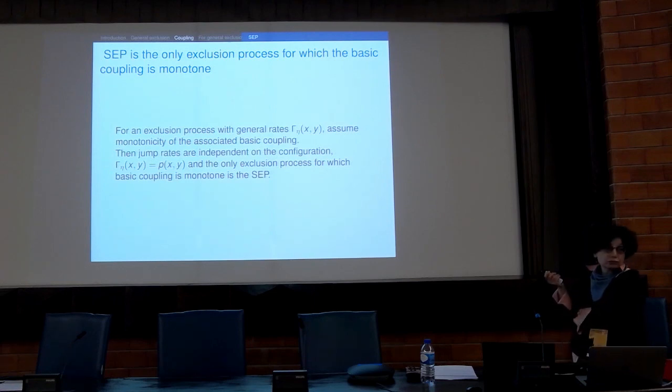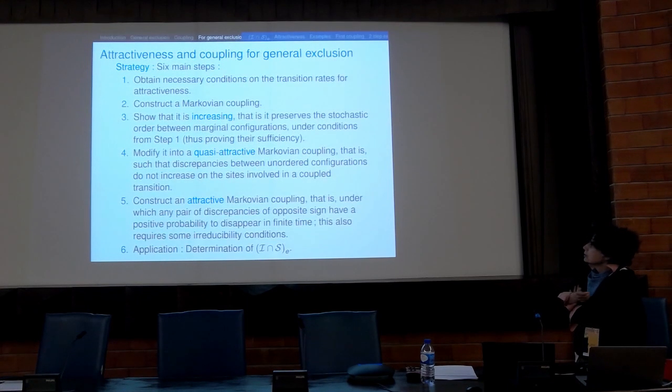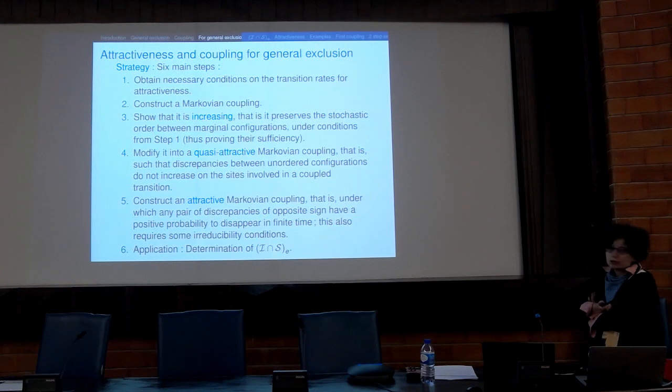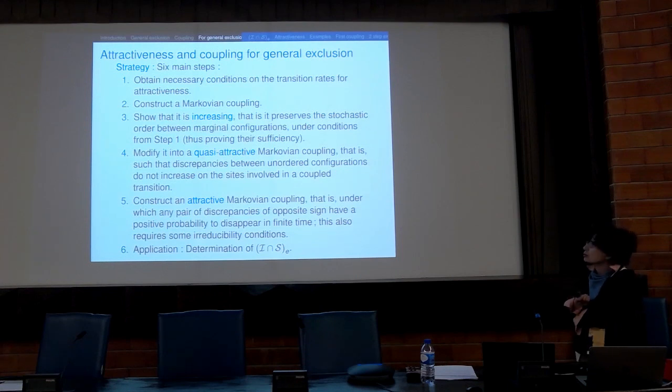So for general exclusion, you need to do something different. Our strategy here was first to find some necessary conditions on the rates to have attractiveness, then to construct an increasing coupling, which means that it preserves the stochastic order between configurations. And if we can get such a coupling, it means that the attractiveness conditions were also sufficient.